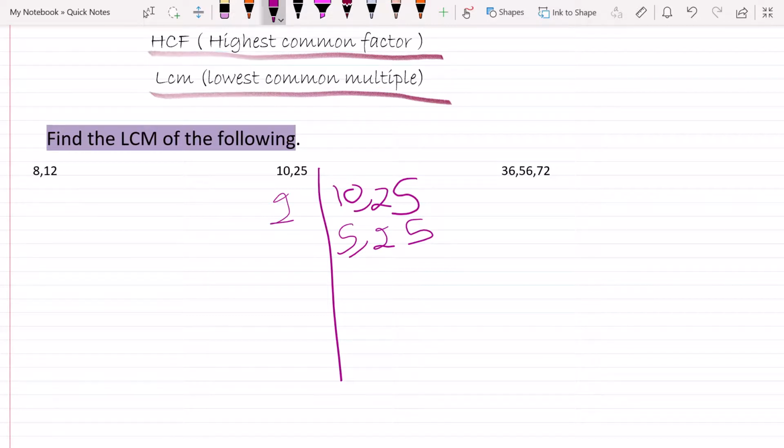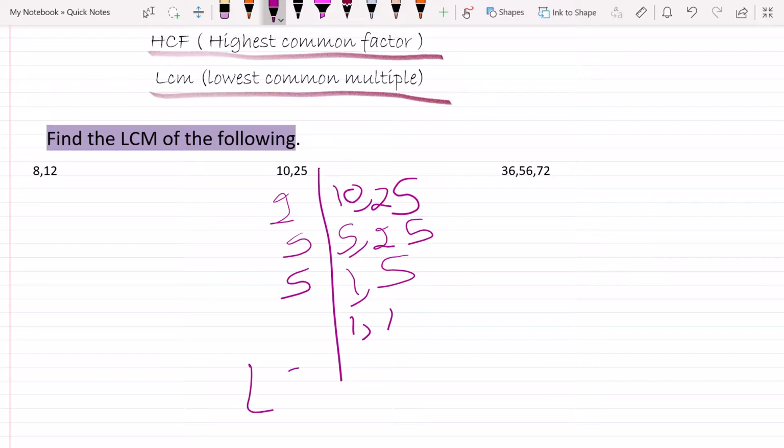The next step is, is there any factor that's divisible by 5 or 25? Yes, it is the 5. 5 divided by 5 is 1. 25 divided by 5 is 5. So now we will divide it by 5 again because it's divisible.